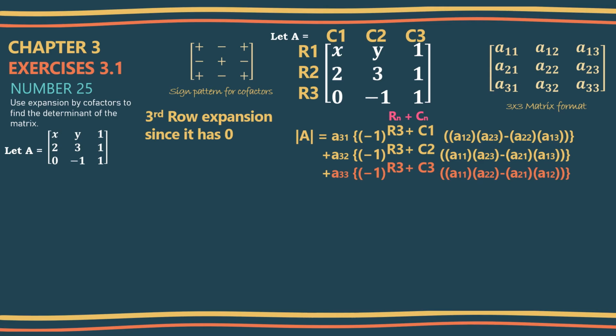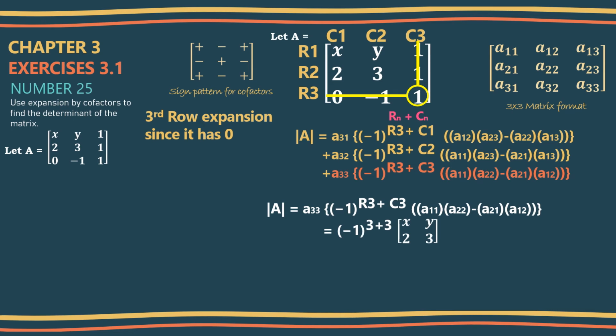Next is the last element of the row 3, which is 1. Again, we eliminate or cancel its aligned horizontal and vertical elements. We now use the formula and then substitute the given values. We have negative 1 raised to 3 plus 3 times the determinant of the elements that are left in our matrix.